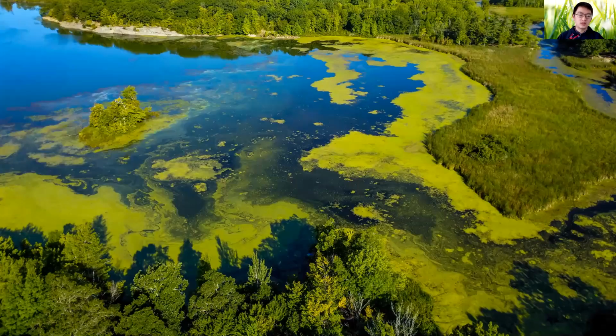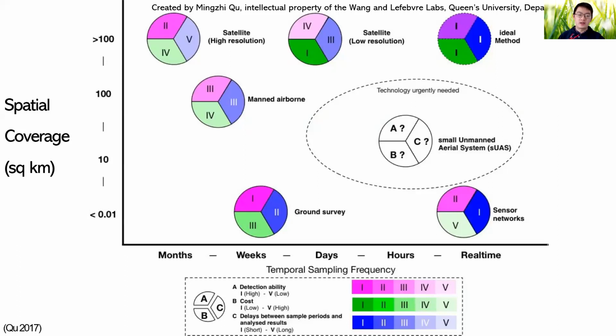And so traditional remote sensing methods are inadequate for monitoring blooms in their early stages or in smaller lakes because of how transient they are. So in this figure, green represents economic efficiency, pink represents detection ability, and blue represents frequency. The y-axis is temporal sampling frequency, potential of different data collection methods, and the x-axis is spatial coverage. So low resolution satellites are low cost for collecting data, but they lack detection ability.